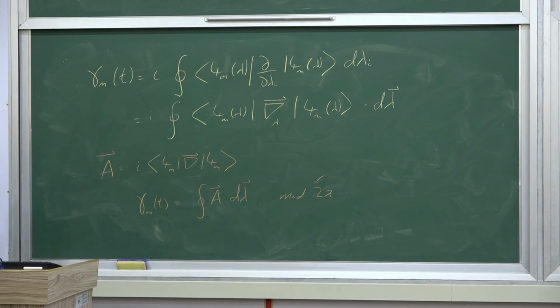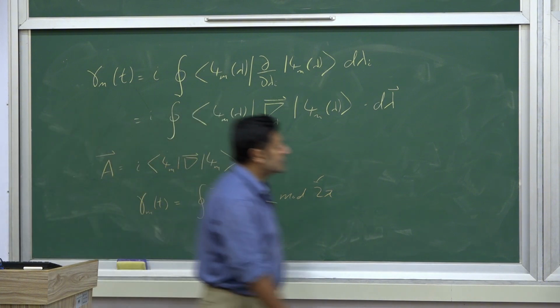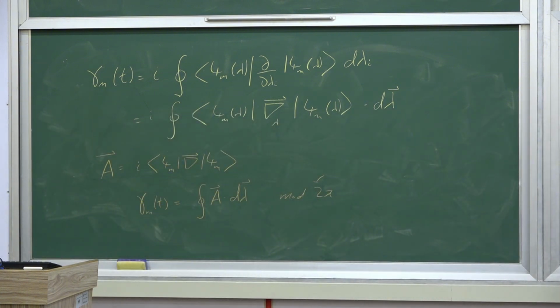So this is called the holonomy. If I think of this as a vector field, this is called the holonomy of the vector field along a certain curve.